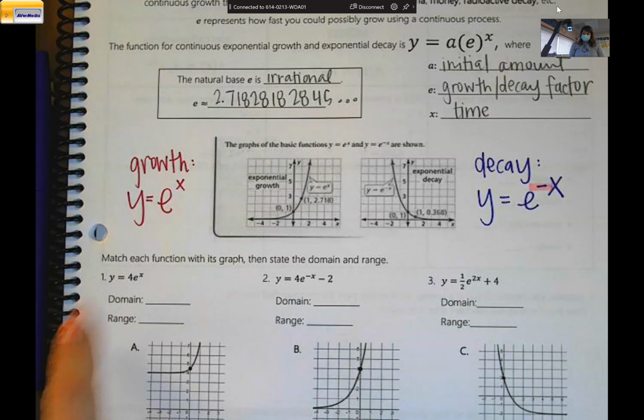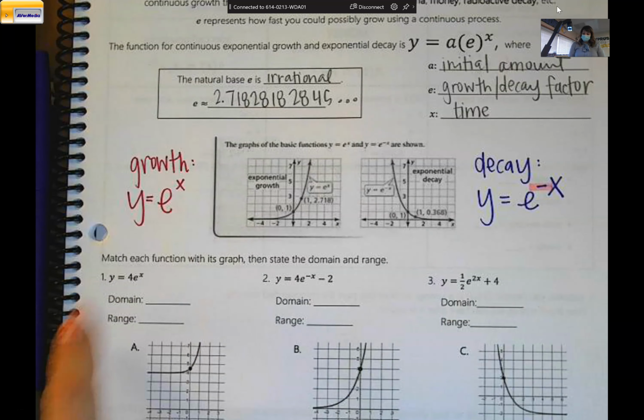And if your x is negative, you would say that it is decay. It doesn't matter what kind of number it is. So it could be negative 1/2 x, and that is decay. It could be 1/2 x, that would be growth. It could be 5x, that would be growth. The only thing that matters is the symbol.